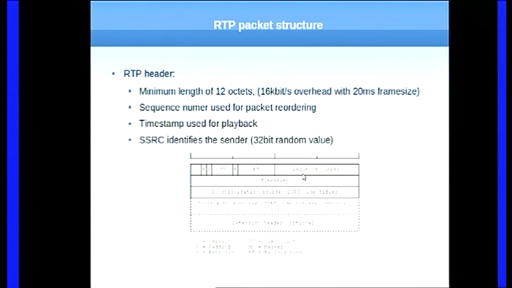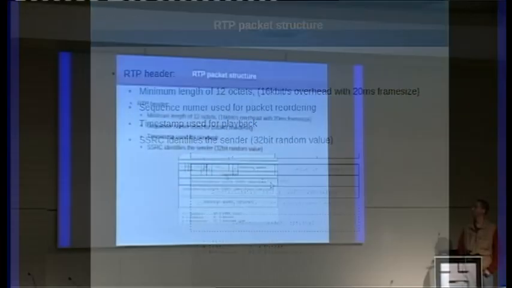That's a sequence number, so you can reorder packets if they arrive in a different order. It's just a 16-bit counter, which will also wrap quite often. And the payload contained in the packet, the first octet of the payload has been sampled at the sender at this timestamp, which is a 32-bit value.